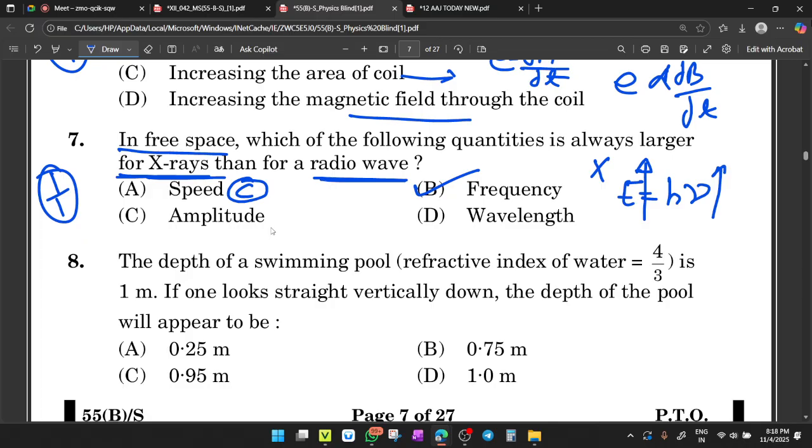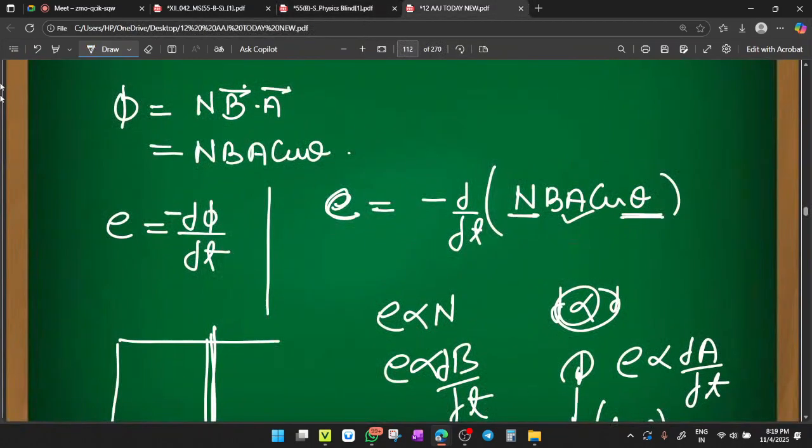The amplitude of all electromagnetic waves is nearly the same, and the wavelength is shorter. Yes, lambda for X-ray is lesser than lambda for radio because frequency is inversely proportional to wavelength by the formula C equals nu lambda.